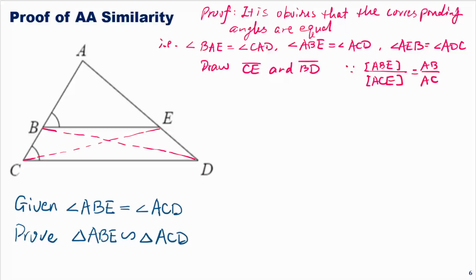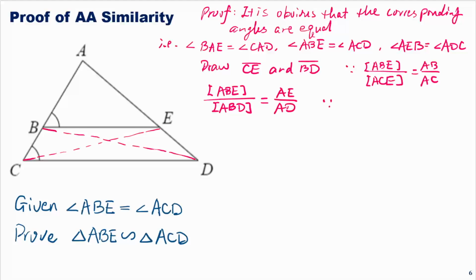Can you follow me? Because it shares the same altitude from point E, right? And also we have this ratio between the area of ABE over the area of ABD equals AE over AD.